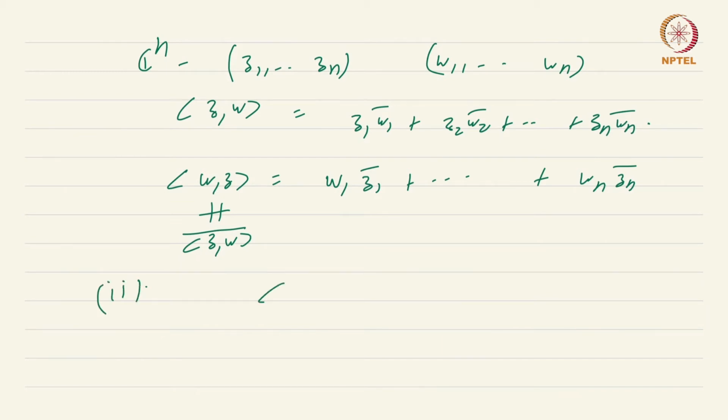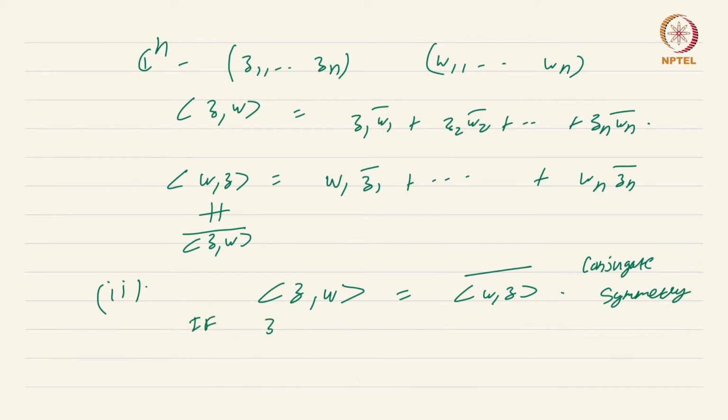So this motivates the second property. We have inner product (z, w) equal to the conjugate of (w, z). This is sort of like conjugate symmetry. Once you put this condition, it becomes clear that if z is in the vector space V, then the inner product (z, z) has to be a real number.